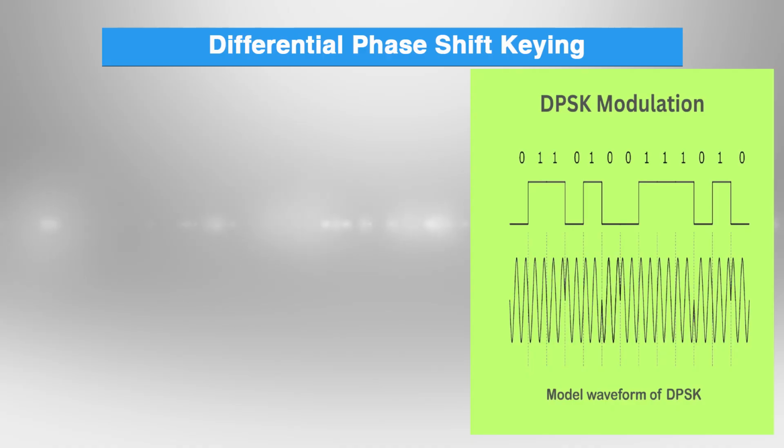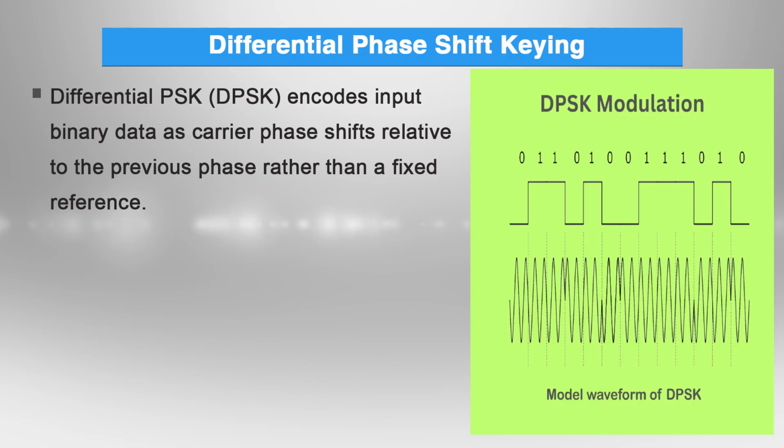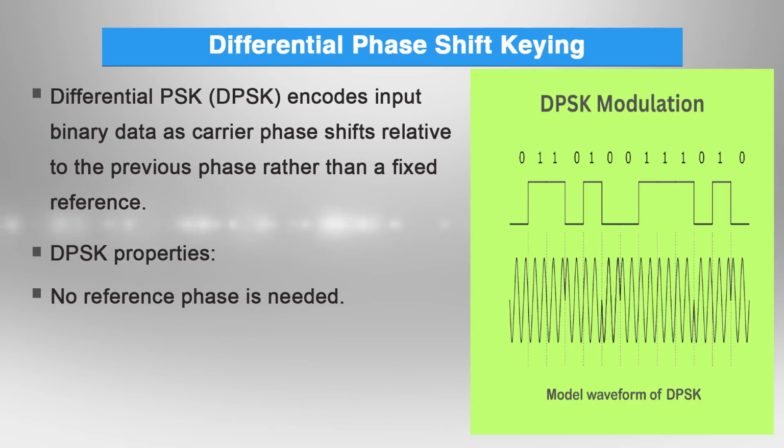Next is differential phase shift keying. Differential phase shift keying (DPSK) encodes input binary data as carrier phase shifts relative to the previous phase rather than a fixed reference. Some DPSK properties are: it has no reference phase required.